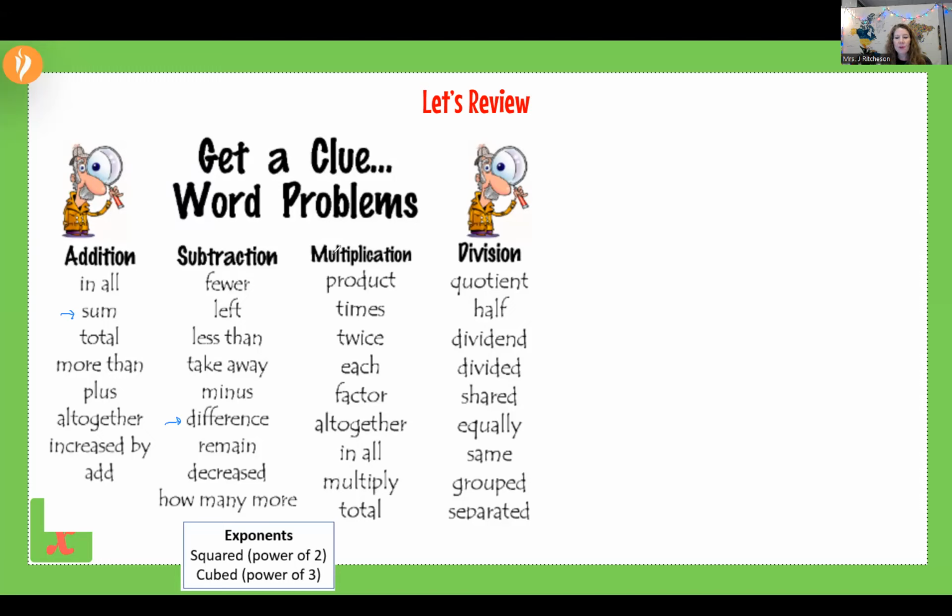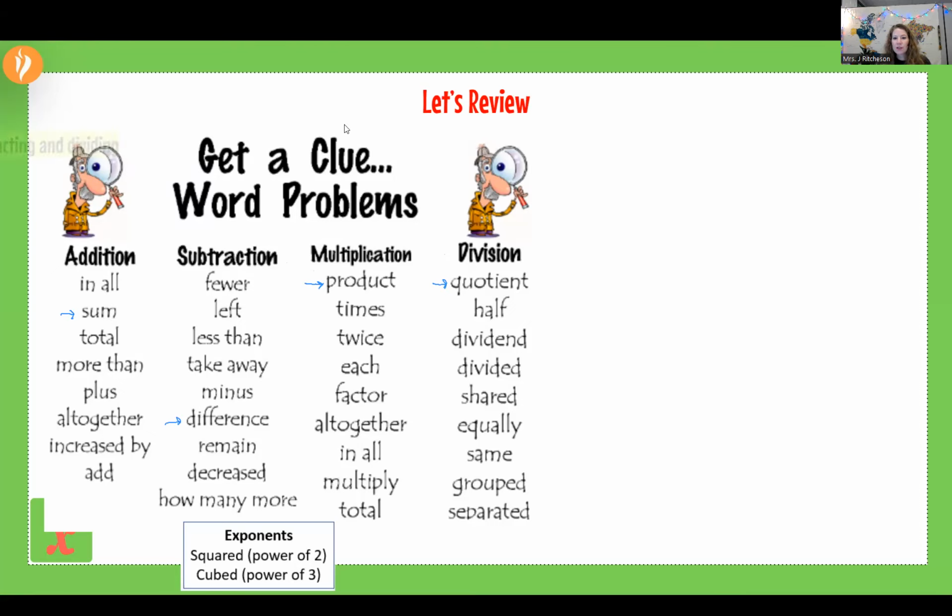Multiplication, if I say, what is the product of 5 and 3? I'm asking you, what is 5 times 3? And if I say, what is the quotient of 20 and 5? I want you to divide 20 and 5. And the rest of the words, you probably know most of them already. I would say that these are 4 of the biggest ones that you definitely need to memorize.